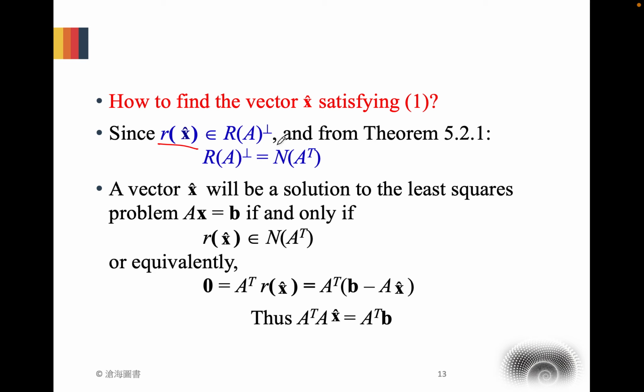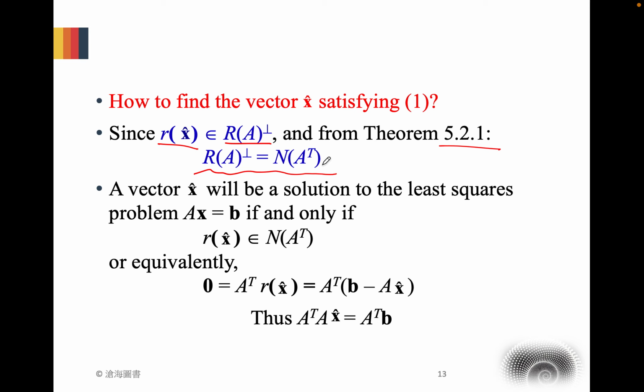Because the residual is in the orthogonal complement of the column space, and from theorem 5.2.1, if you already forgot, please go back to check theorem 5.2.1, where we said that the orthogonal complement of the column space is equal to the null space of A transpose.